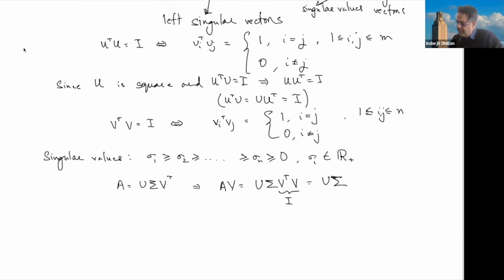So that means that A times V is equal to U times sigma.